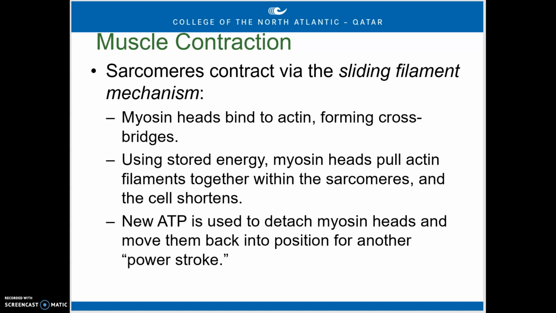Using energy that's in the muscle, myosin heads will pull the filaments together within the sarcomere. When it does that, it moves the actin filament over top of the myosin filament a little tiny bit, and the muscle fiber will shorten.